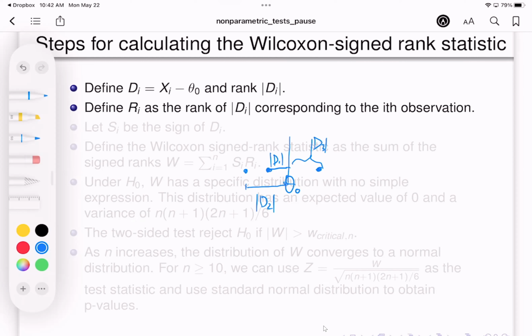Out of these 3 distances, if we rank them, D1 is closest to theta 0, so D1 will have rank R1 equals 1. The next one, based on what I drew, D3 appears closer to theta 0, so D3 will have R3 equals 2. And D2, this observation over here, is the furthest away from theta 0. Therefore, for observation 2, it has a rank of 3. So that's how we rank the observations.